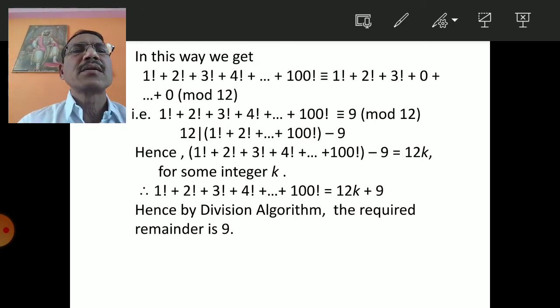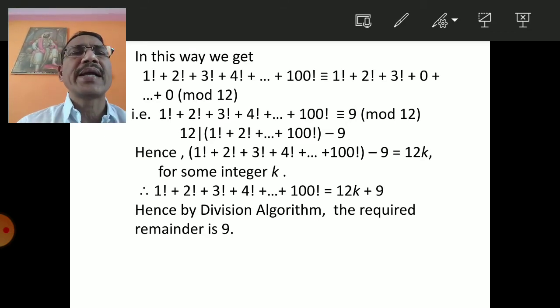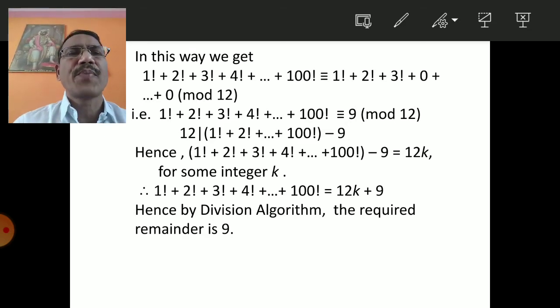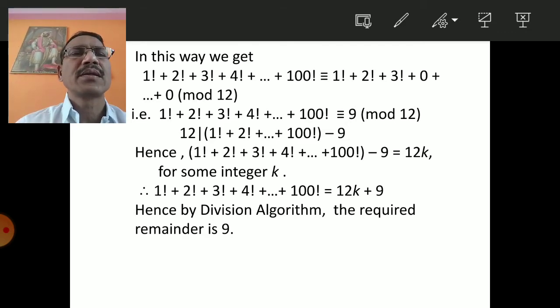And by the definition of congruence, this implies that 12 divides 1 factorial plus 2 factorial plus so on up to 100 factorial minus 9. And using the definition of divisibility, we get 1 factorial plus 2 factorial plus 3 factorial plus 4 factorial plus so on up to 100 factorial minus 9 is equal to 12k for some integer k.